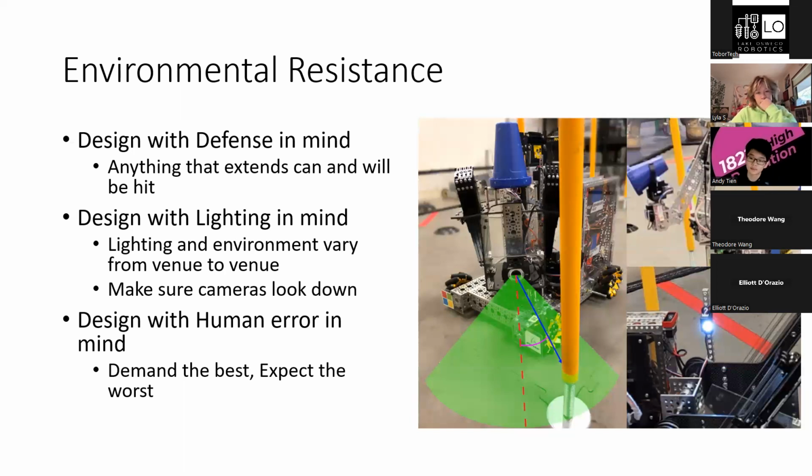Even with our delivery turret for Power Play, in one of our qualification matches, we ended up, for some reason, in auto, constantly colliding with the opposing alliance. We fought over the high junction, and that put a lot of stress on our delivery turret.